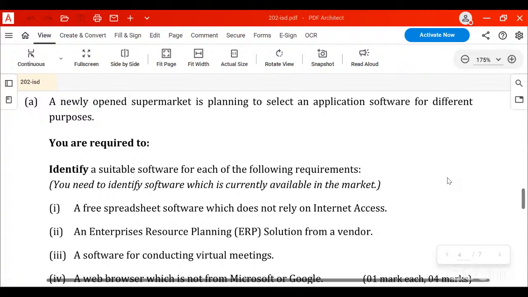Then a non-Microsoft web browser. We can say Firefox, Chrome, Safari, right? All those are non-Microsoft. If you say Internet Explorer or Edge, that is wrong. Why? That is Microsoft, right? Mainly 4 items are there, 4 marks allocated, 1 mark for each statement.